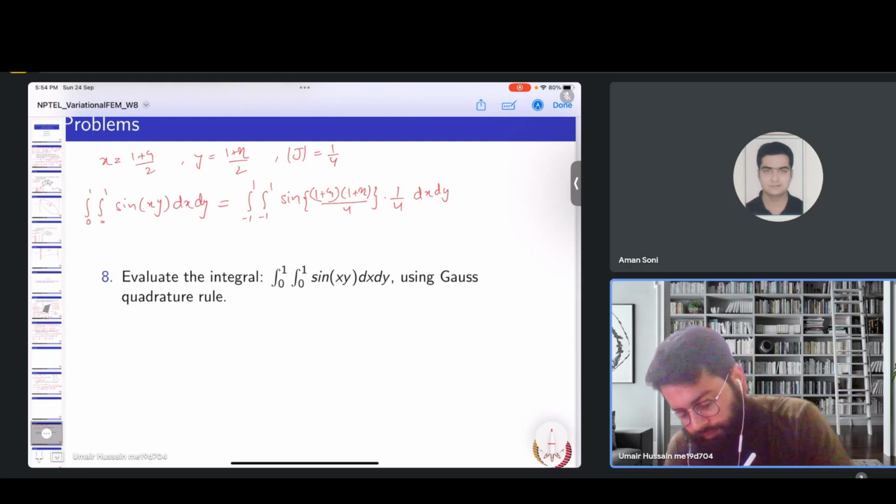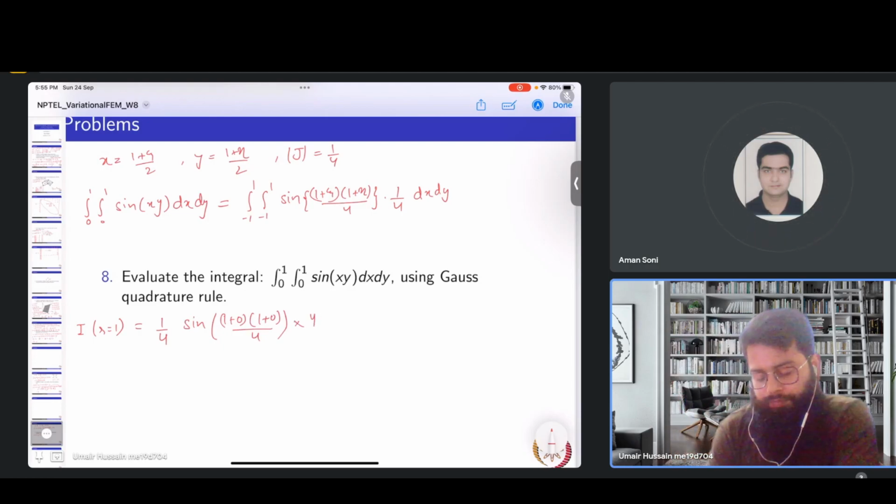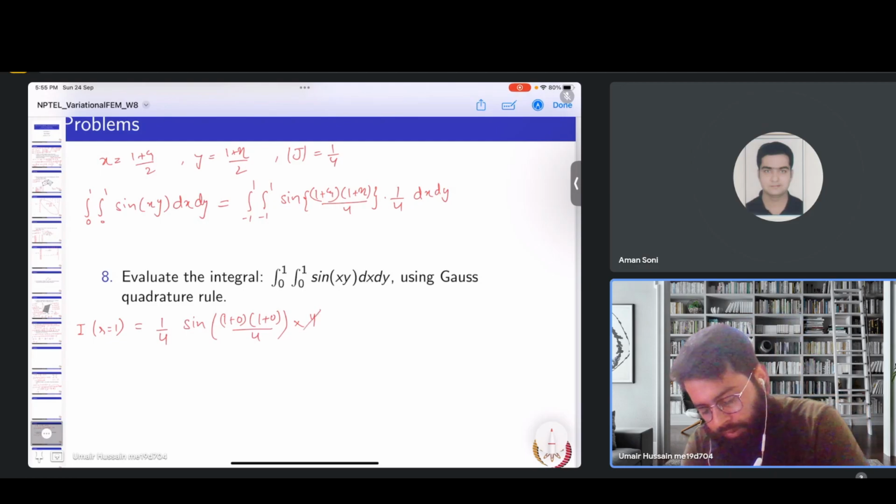so we'll use 1 point, that is 0. We have 1 by 4 sine of (1 plus 0)(1 plus 0) by 4, into 4. That's the weight. So we have sine of 1 by 4.